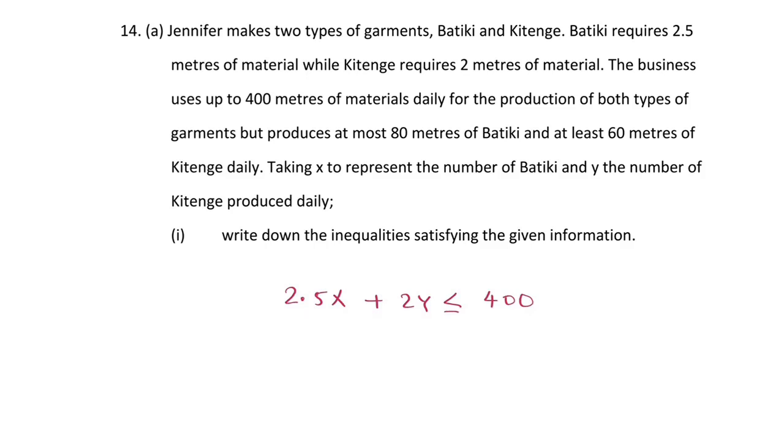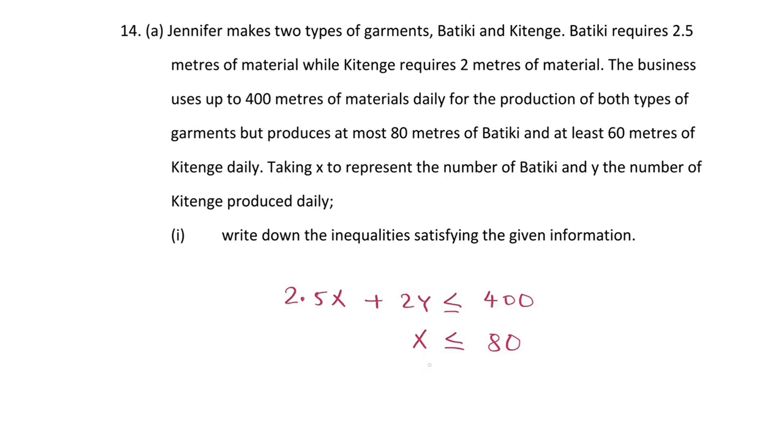Also, Jennifer produces at most 80 meters of batiki, meaning batiki is not more than 80 garments. Then our inequality is going to be x is less or equal to 80. Also, we've been told that Jennifer produces at least 60 meters of kitenge, meaning kitenge must be greater or equal to 60.